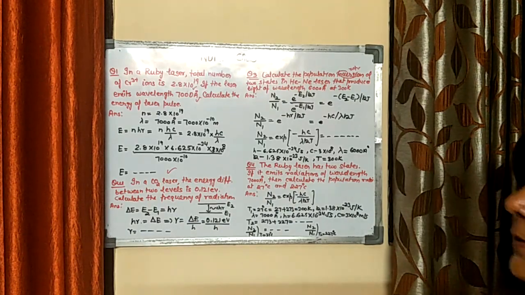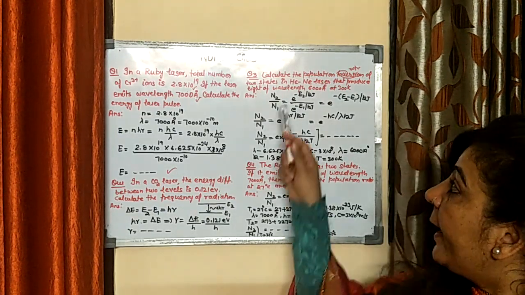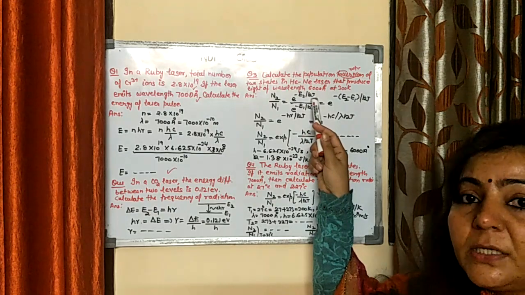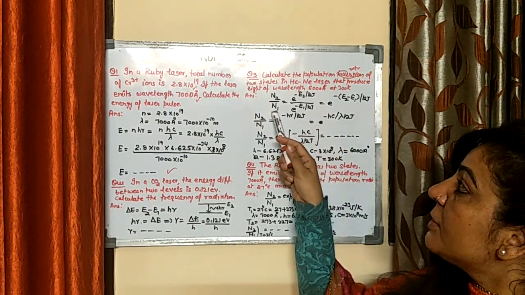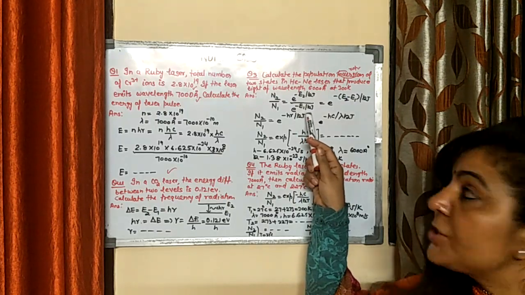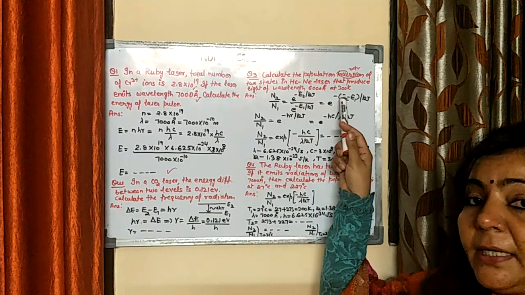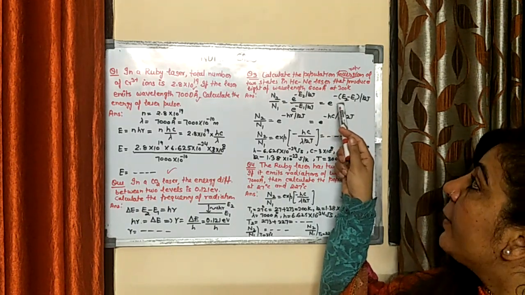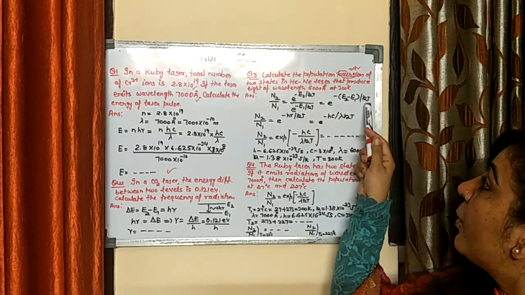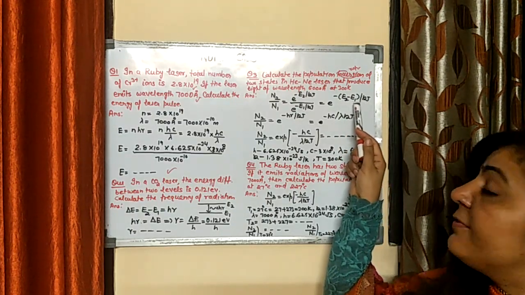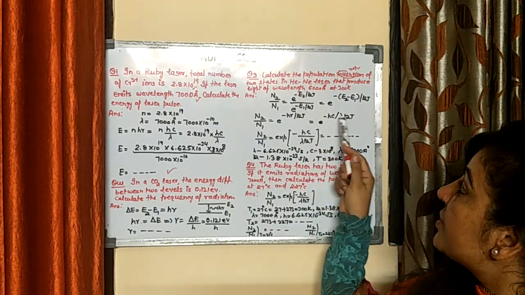In order to find this, according to Maxwell-Boltzmann distribution, N2 is e raised to power minus E2 upon kT. This is the population of state 2. The population of state 1 is given by a similar relationship. If you solve this, it will be e raised to power minus E2 minus E1 upon kT. This E2 minus E1 can be written as h nu, that is hc by lambda.